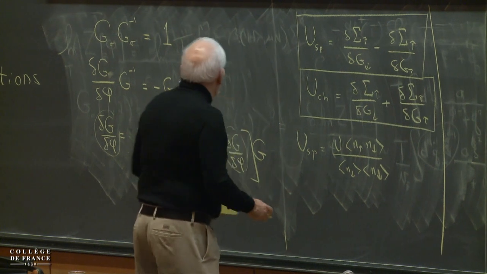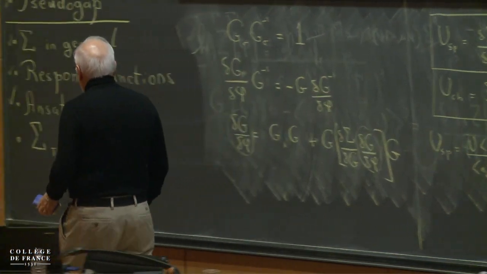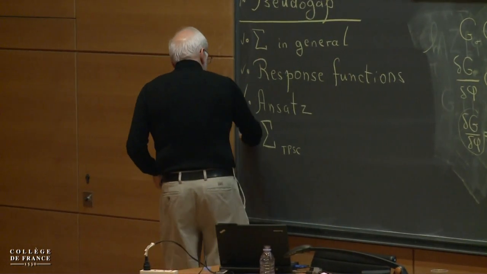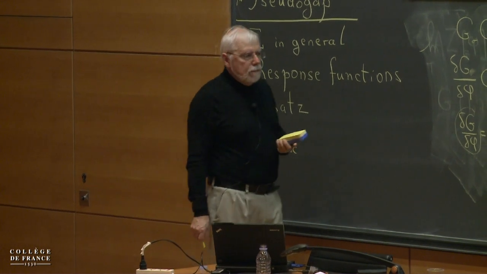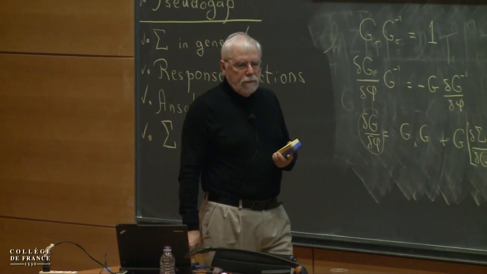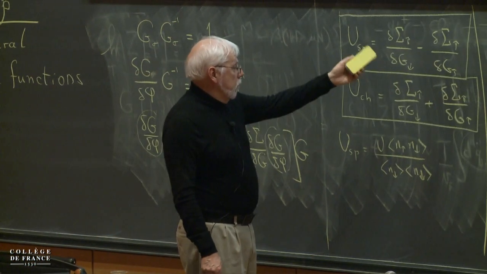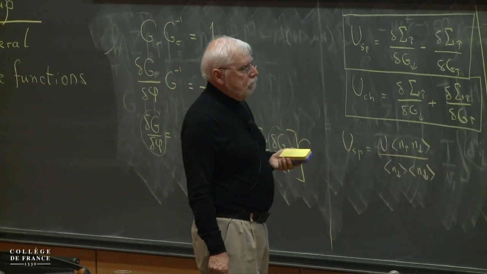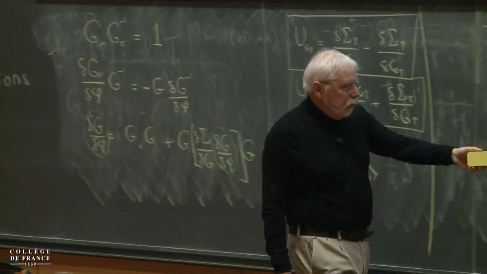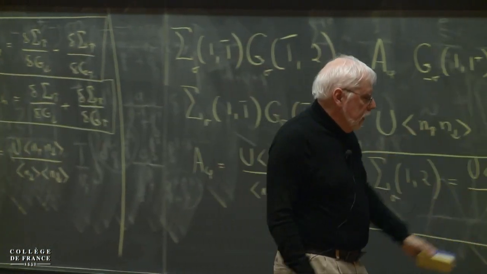Now, just a couple of questions. In principle, on the exact equations written there, U spin and U charge are functions of at least two frequencies, right? Oh, there are three frequencies. Three frequencies, so they are vertices. But once you write it this way, you see it's like RPA.